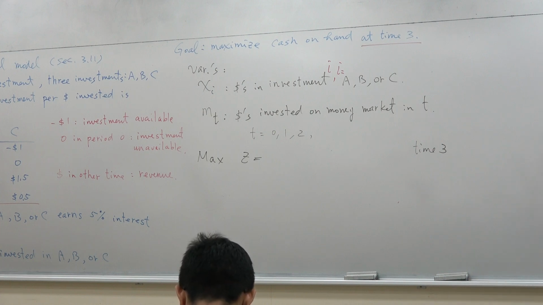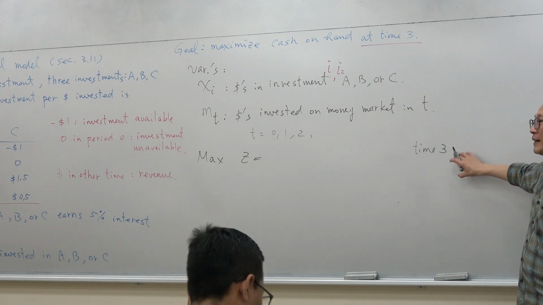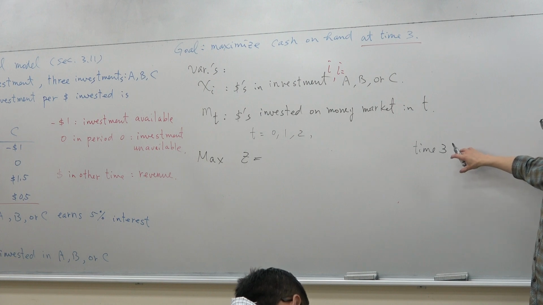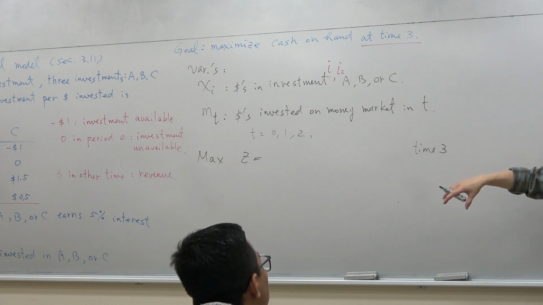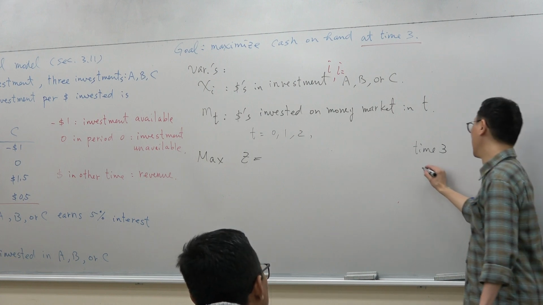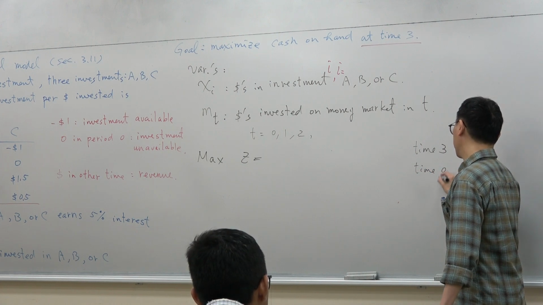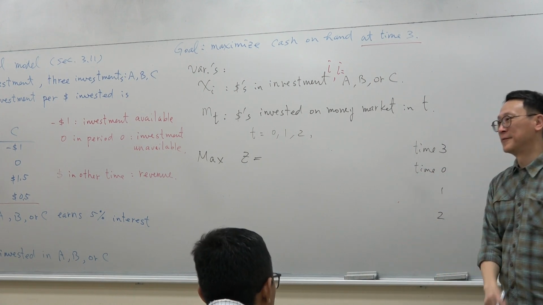But that's the consequence. The money at time 3 actually is the consequence of time 0, time 1, and time 2.